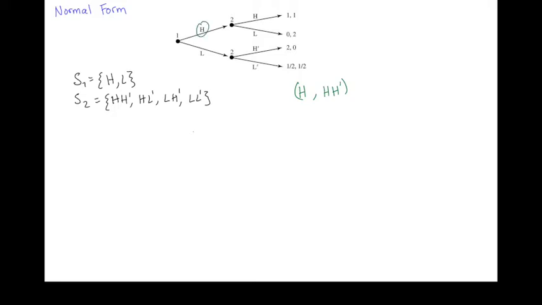Player 1 is going to play H. Player 2 is going to play H prime. So we follow this branch of the tree, we follow this branch of the tree, until we end up here. So we can say that the utility for player 1 is going to be 1 from this profile of strategies. And the utility of player 2 from this strategy profile is also 1.